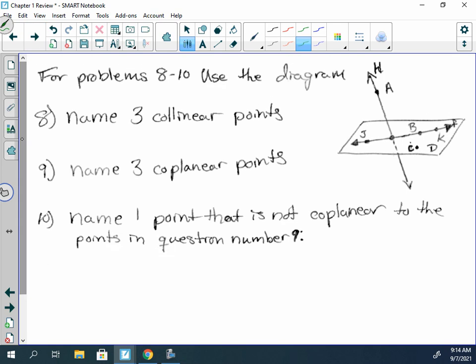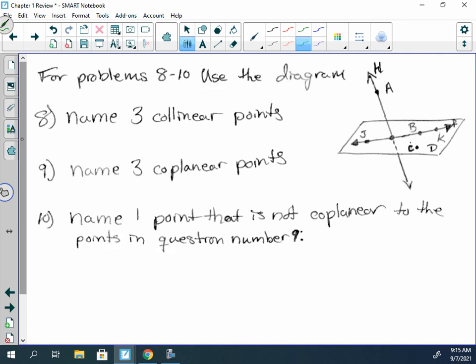So looking at number 8, 9, or 10. Collinear, what do we have right here in the middle? Line. So co-line, so they're on the same line.